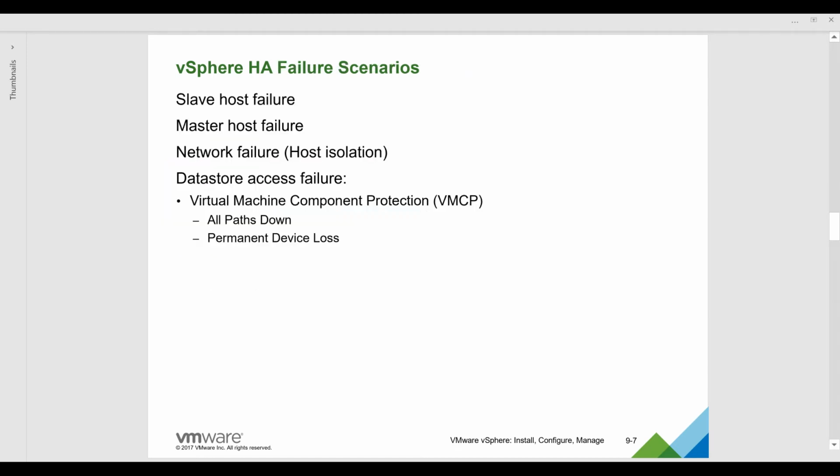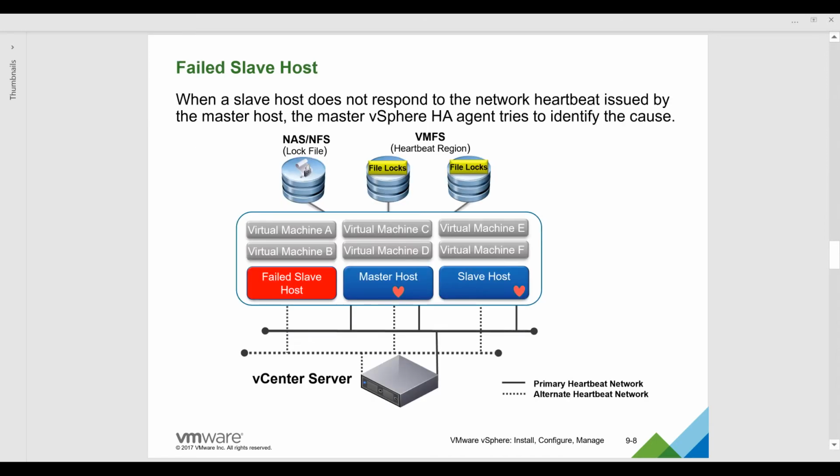All right, so we have some scenarios. Slave host failure, which is right here. When a slave does not respond to the network heartbeat that's issued by the master, it tries to identify the cause. If it's a network issue, it'll turn around and try to look for the file locks in VMFS. As you can see, it's got its primary heartbeat.